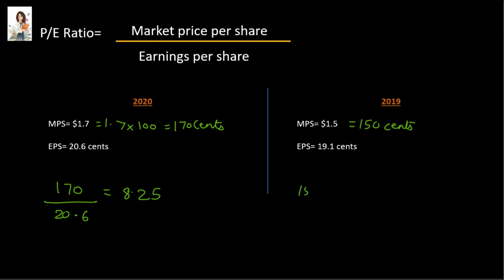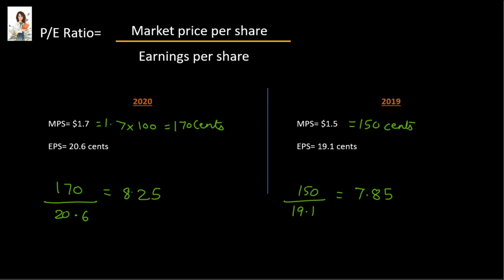So the PE ratio is 150 upon 19.1. That makes it 7.85. That means investors are ready to pay 7.85 years of earnings to purchase one share of the company in 2019. Note that the PE ratio will not have a unit after the figures.